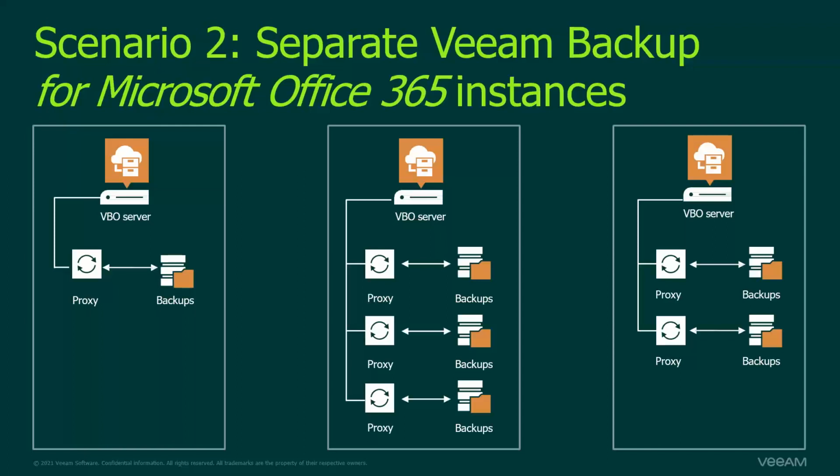They don't want to use shared infrastructure. They want to keep backups in your data center, but they don't want to share it. So no problem here. You can deploy an additional VBO server with the same set of components, proxies, and run it for this individual customer. And if you negotiate it, you even can provide access to the customer to maybe the Veeam Backup for Office 365 console where they can run their restores as well.